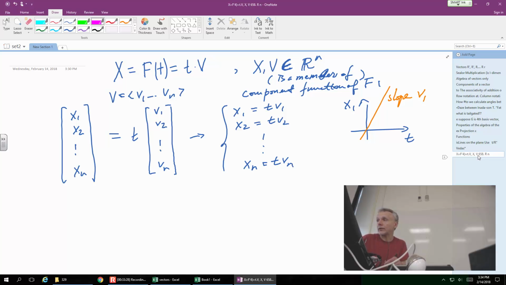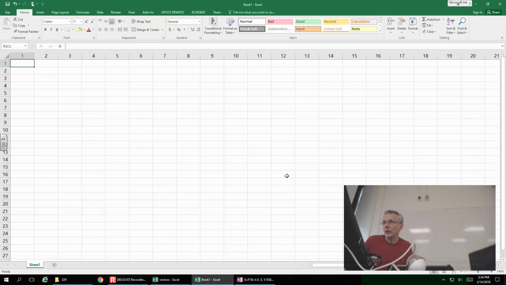Okay, so that is the basic idea. Let me do something, as I'm not positive that we are past that. We're talking about functions with the input still a number, so I want to do a visualization of that with Excel. I'm going to visualize a straight line the way we have constructed it.